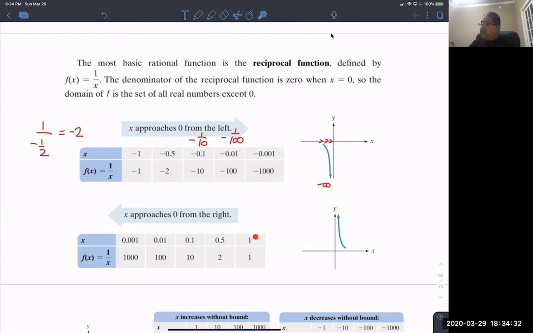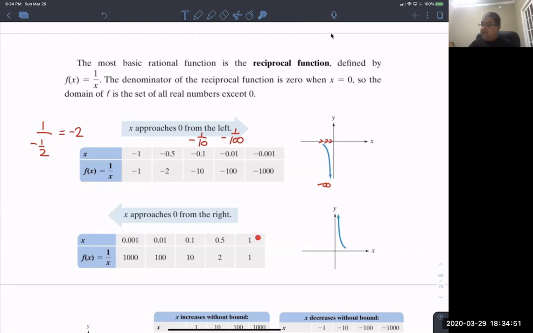So if I plug in 1 for x, what do I get from my output? Yeah, I get 1. Okay. If I plug in 1/2 for x, I get 2. If I plug in 1/10th, I get 10. If I plug in 1/100th, I get 100. If I plug in 1/1000th, I get 1000.